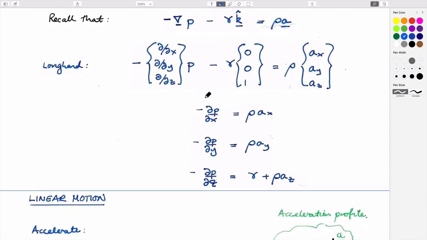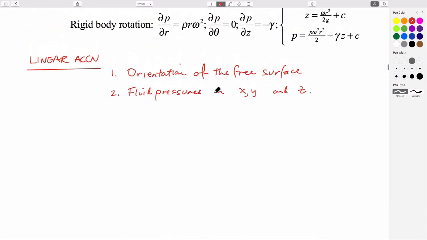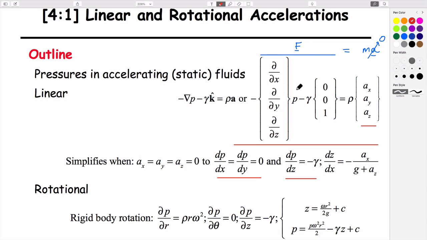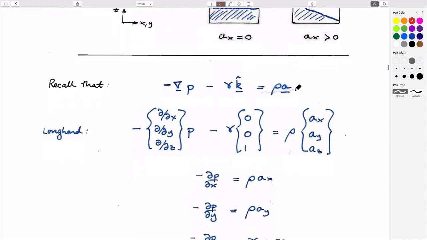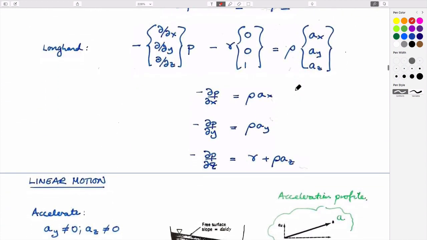The three expressions that we have are these from this first page, right? We've written them in this compact form before. We realize that this is equal to force is equal to mass times acceleration. And actually, the units of these you can check, right?